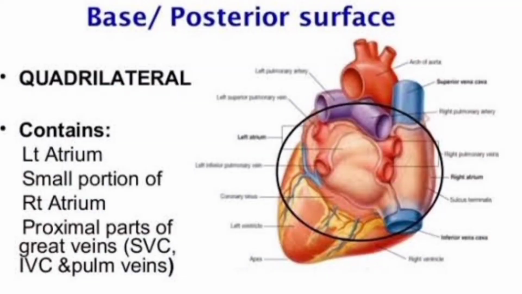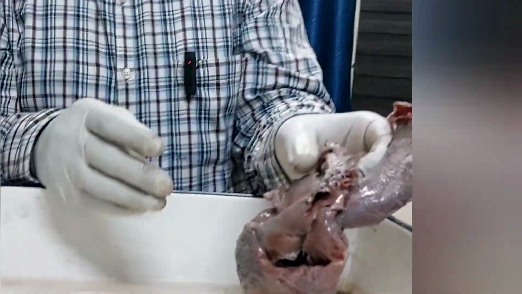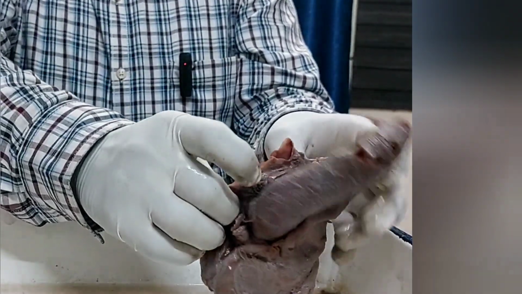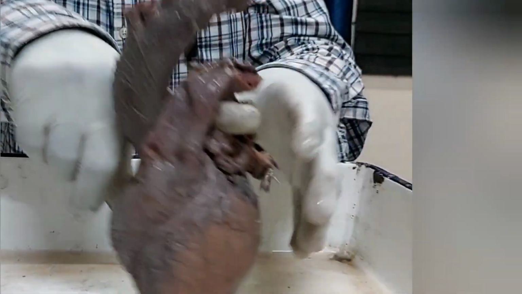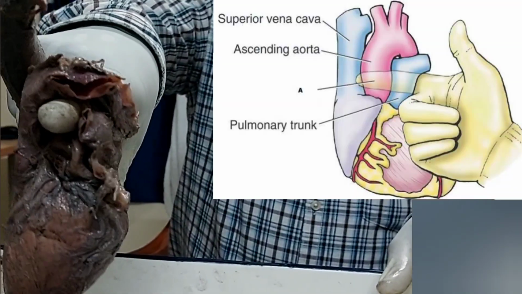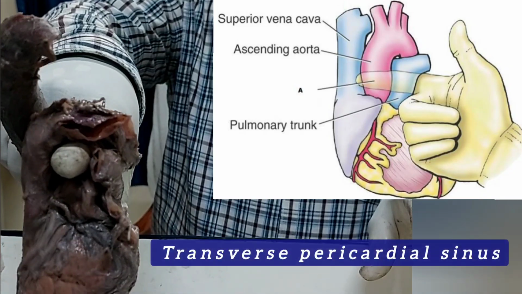Another thing sometimes asked: the left atrium forms the anterior boundary of the oblique sinus, and behind the aorta and pulmonary trunk, if you introduce your finger like this, my finger is in the transverse pericardial sinus.